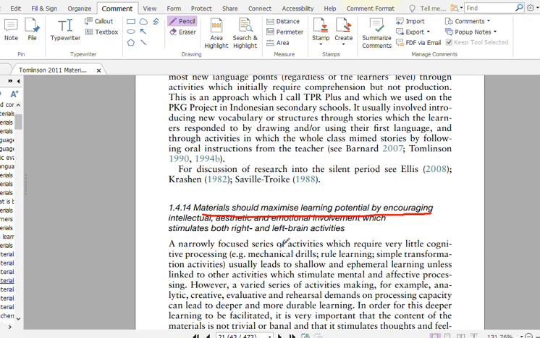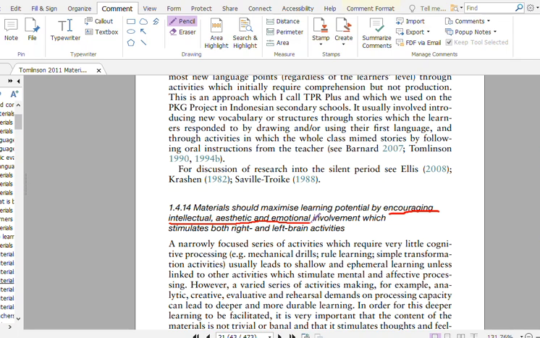The other fact coming from SLA research is that material should maximize learning potential by encouraging intellectual, aesthetic, and emotional involvement. Human beings have many resources. All these resources should be used. For example, only students' thinking abilities should not be involved.